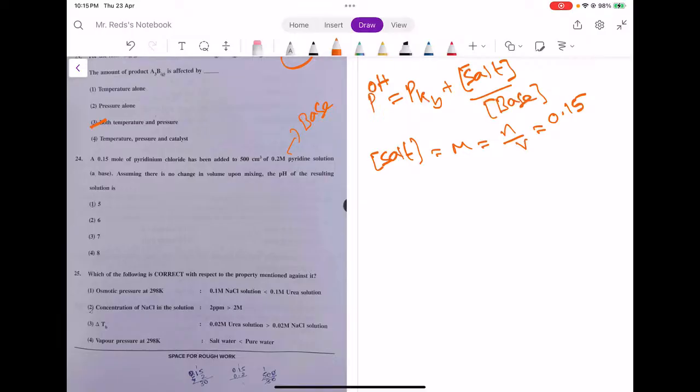Now this is 0.15 by, the number of moles by volume, 0.5, which is equal to 0.3.